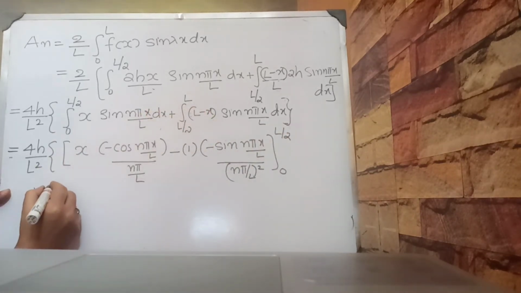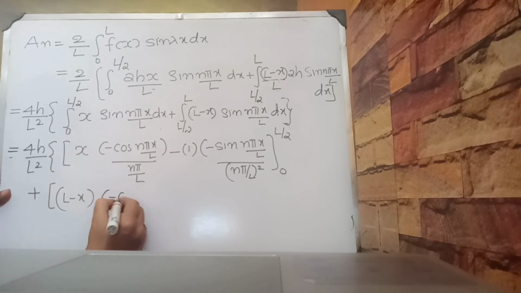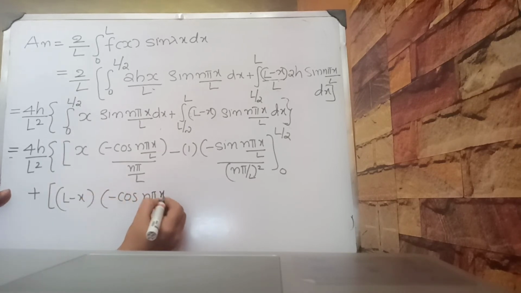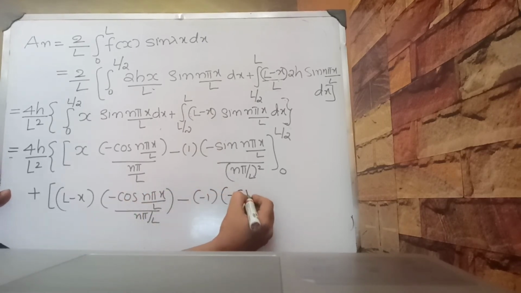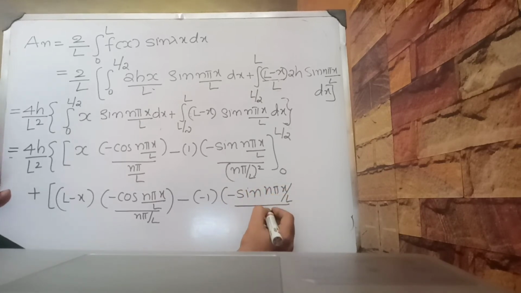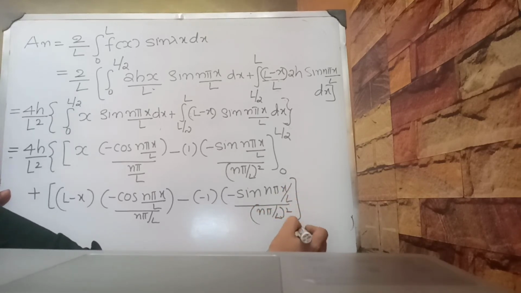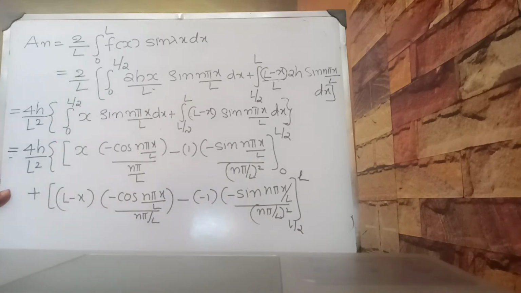Now in the second term we have first function L minus x into integral of sin n pi x by L, which is minus cos n pi x by L divided by n pi by L, minus derivative of L minus x, which is minus 1, into integral of minus cos, which is again minus sin n pi x by L divided by n pi by L the whole square, in the limit L by 2 to L.